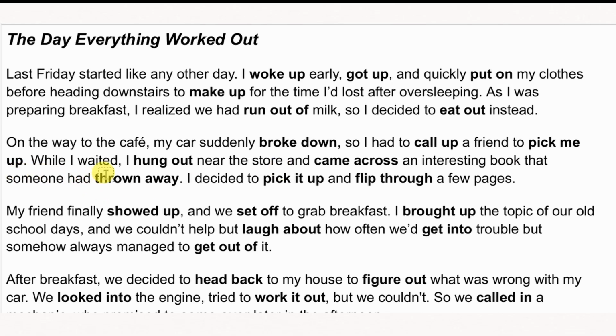While I waited, I hung out near the store and came across an interesting book that someone had thrown away. I decided to pick it up and flip through a few pages.